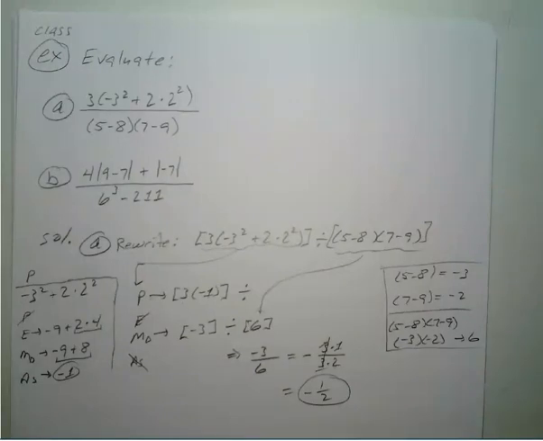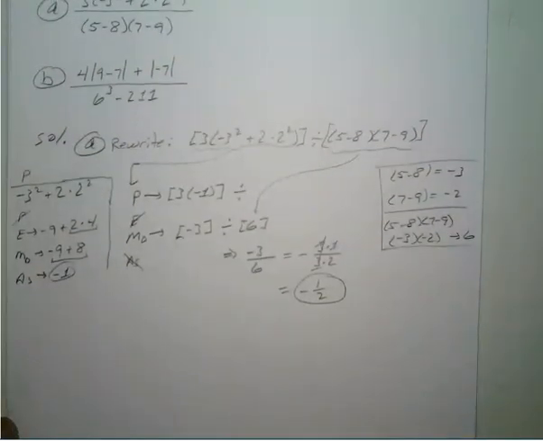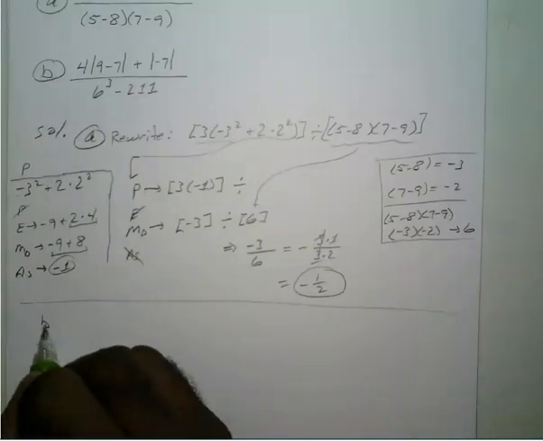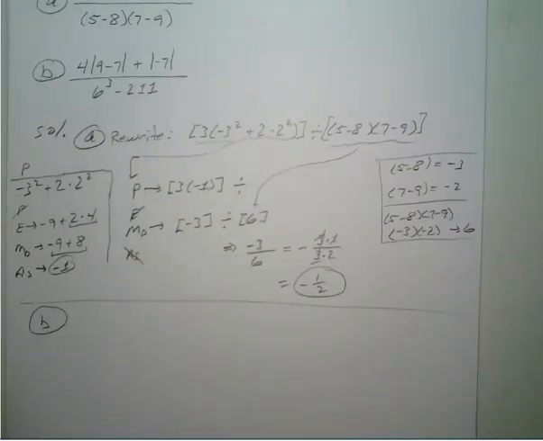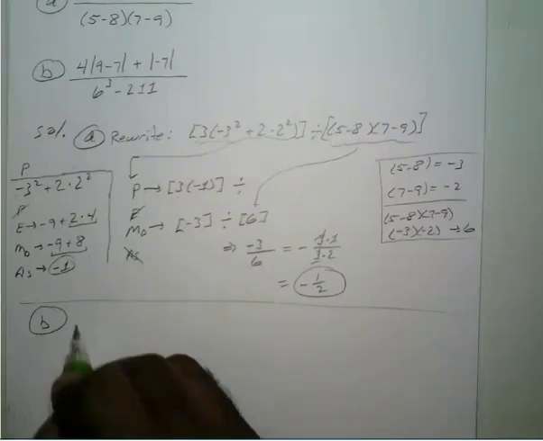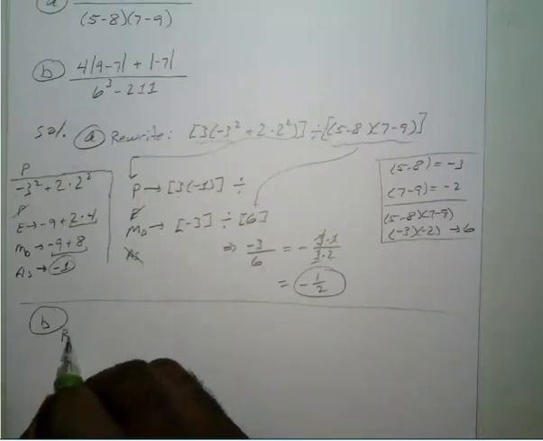All right, so let's go ahead and solve B. Okay, so you have 4 times the absolute value of 9 minus 7, but what I'm going to do is go ahead and rewrite it.